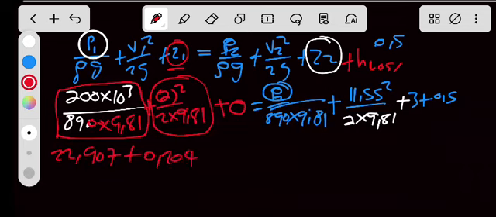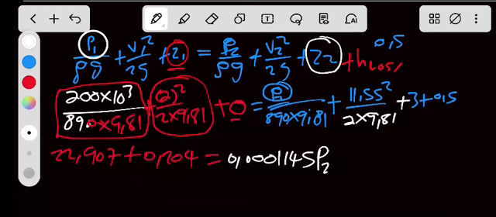Remember, this is simply 0. Here we have P. We'll have this to be 0.0001145 P2.